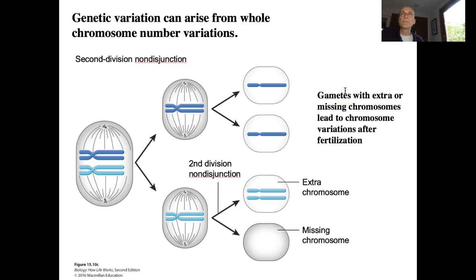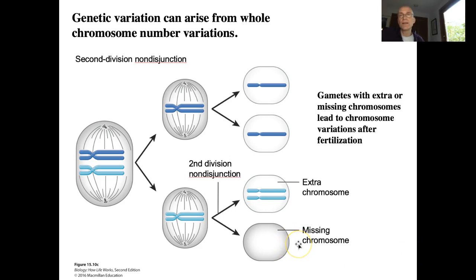So that means gametes with extra or missing chromosomes lead to chromosome variation after fertilization, right? So if this one now was to be fertilized with a typical cell that has one chromosome, then it would have only one, not two. It should normally bring one, and then the one that it's fusing with should have one, so there should be two.